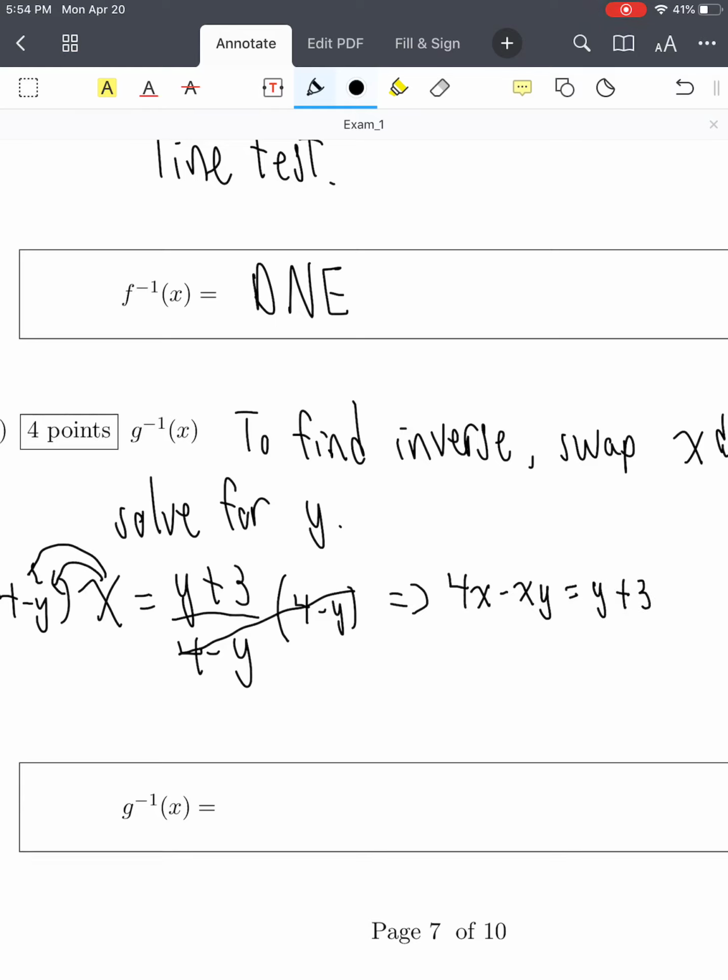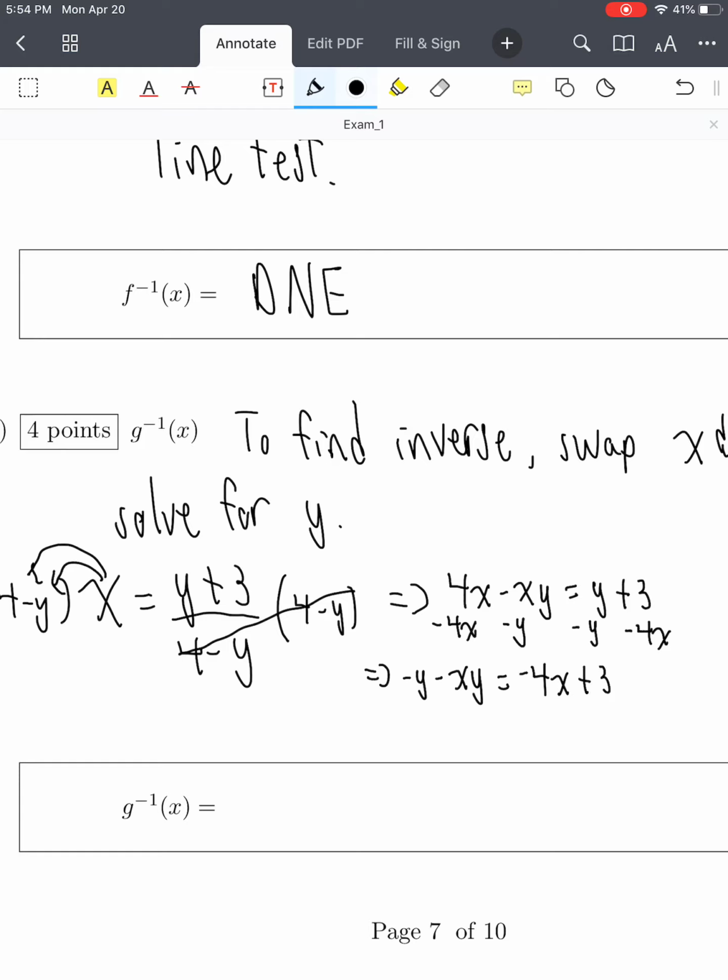So we're going to get everything with a y on one side, everything else on the other side. So I'm going to subtract y from both sides and subtract 4x from both sides, giving us negative y minus xy equals negative 4x plus 3.